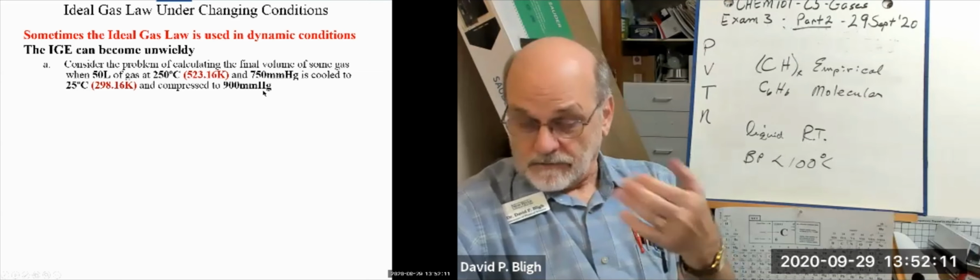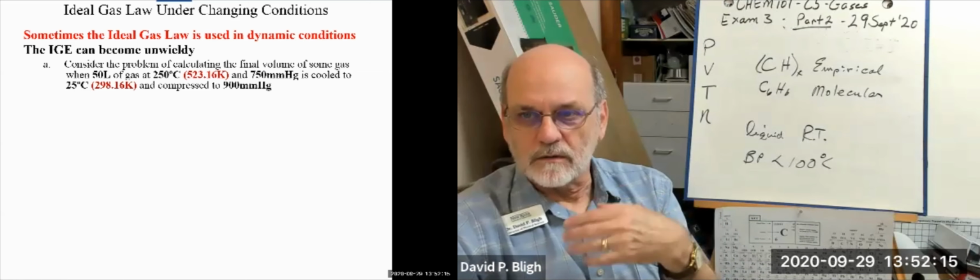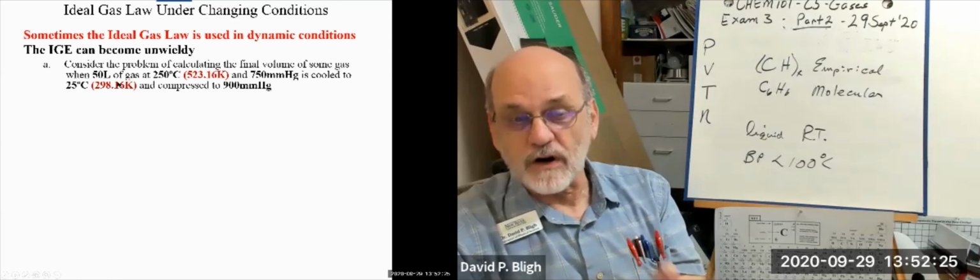All right, so is this a state function or a before and after? It's before and after, because we're saying calculate the final volume when you're starting from this volume. And you have this temperature and you're going to that temperature. You know, this pressure and you're going to that pressure.